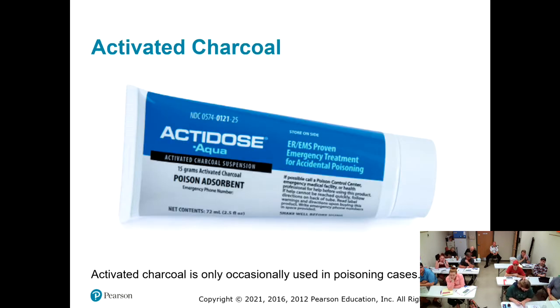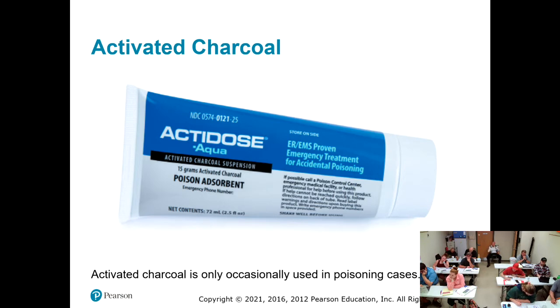Activated charcoal. This is a drug you need to learn. It's not in your Vermont EMS scope of practice, but it is in your state scope of practice. Activated charcoal is the generic name; Actidose is the brand name. Our purpose for using it is for patients with any type of poisoning or medication overdose.